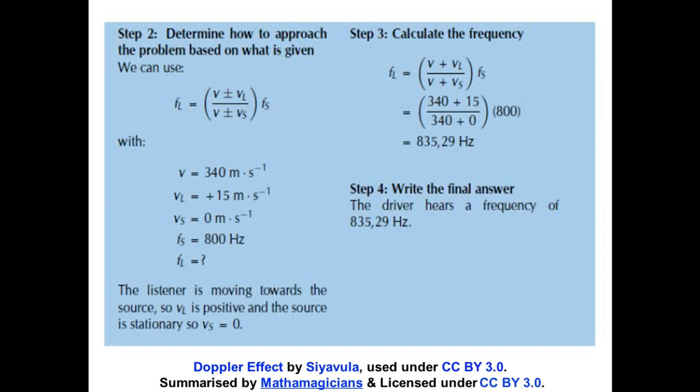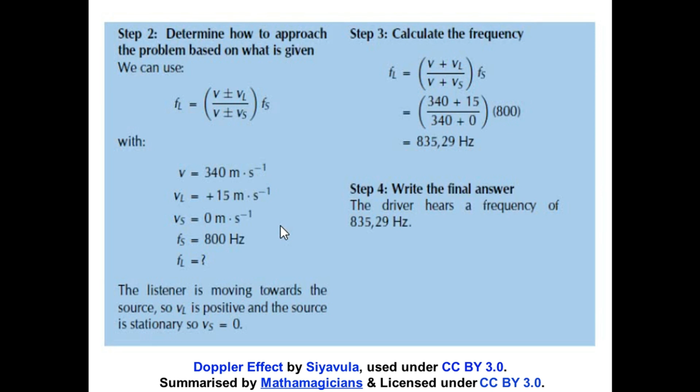Please notice that before we get to the final simplified Doppler effect equation in step 3, we first need to write out the whole formula first, because there's a mark for this in the exam, the full formula.